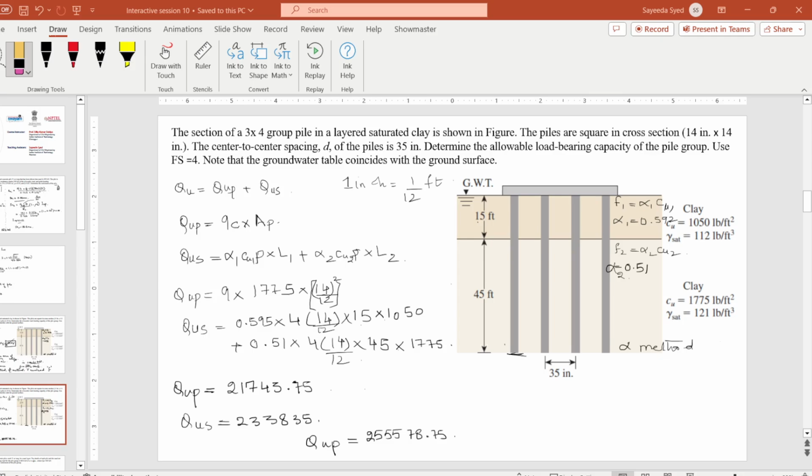This will be equal to 3066 kilo pound. So this is the capacity of the pile group based on a single pile.